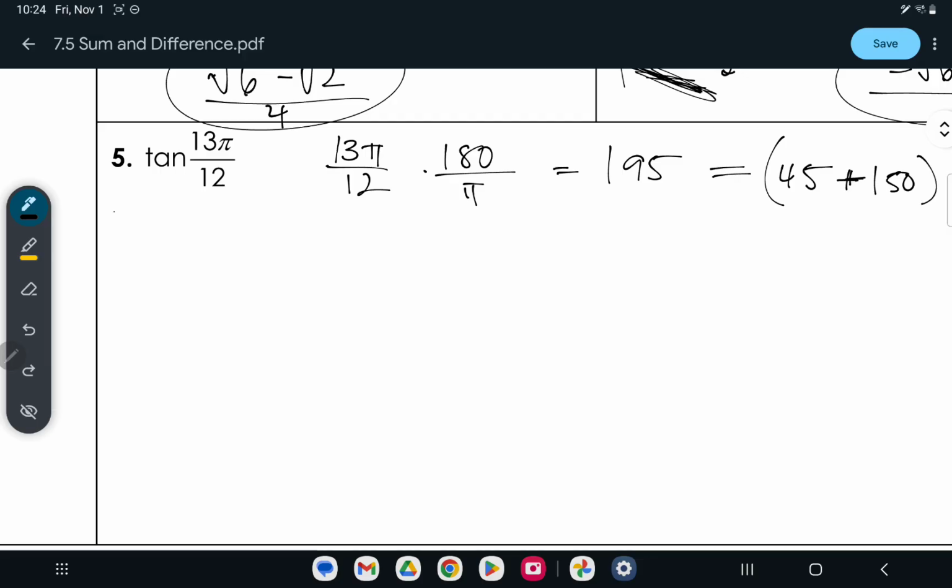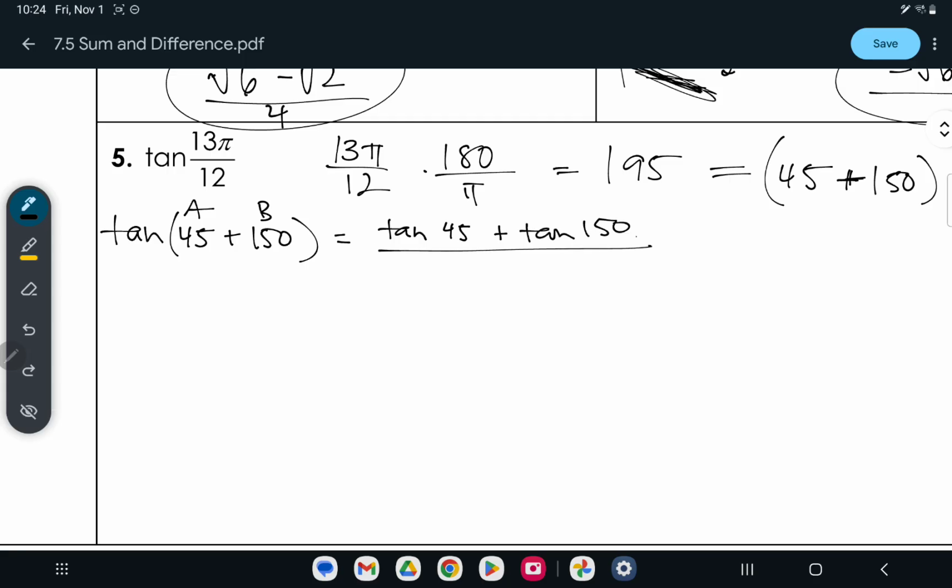and it's a sum, so I could do tangent of 45 plus 150, and that is tangent A plus tangent B over 1 minus tangent A, which is 45, times tangent B. All right, so tangent of 45, the root 2 and root 2, we're dividing the two, they're the same thing, so it's 1.